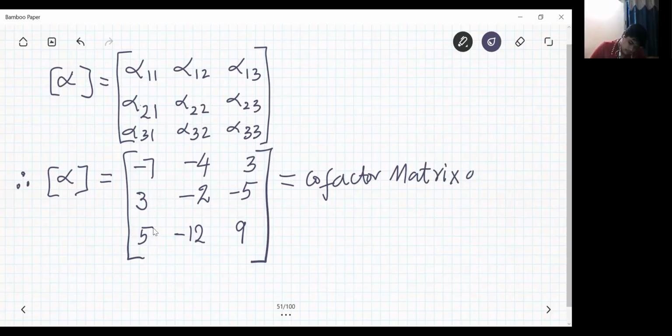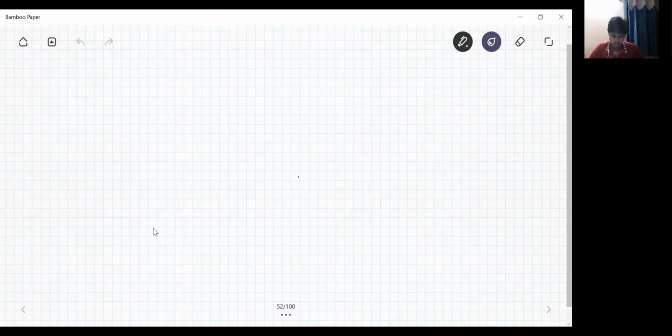of matrix A. When I write A within square brackets, we read it as matrix A. Okay. Next, you have to find the adjoint of matrix A. How will you find it?